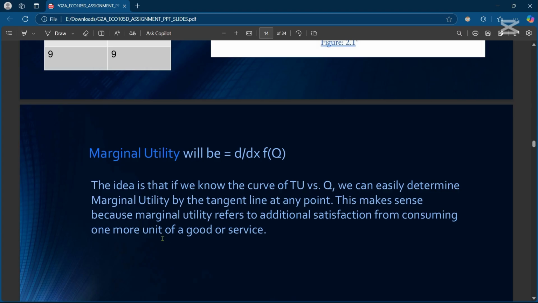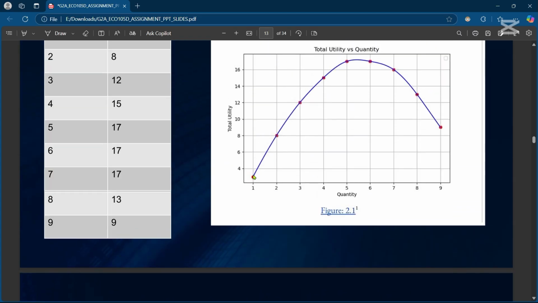This makes sense because marginal utility refers to additional satisfaction from consuming one more unit of good or service. Like, this is the graph of total utility. Now the question is, what is marginal utility? Marginal utility is the slope of total utility.